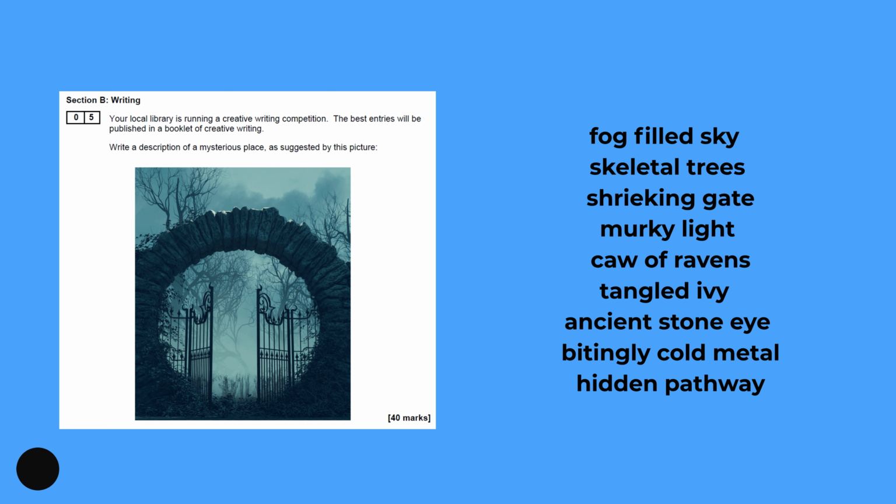As I say, these are just words and phrases that I've come up with. Annotate around the picture, spend a good 5 minutes coming up with these words and phrases to help support you, so that if you get stuck, you can go back to your plan.